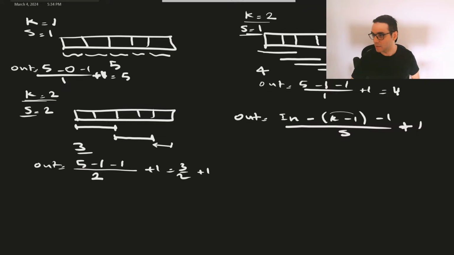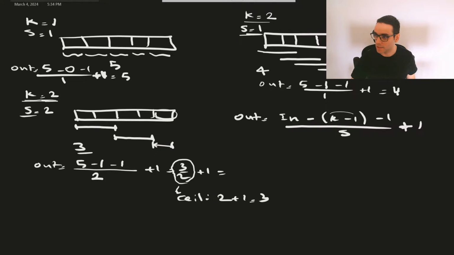Now, depending on whether you want to keep the last segment, if it's not divisible by your kernel size, if it's smaller than your kernel size, you might want to treat this differently. If I want to keep the last one, even if it's smaller, I would take the ceiling of this fraction. So 3 over 2, the ceiling is 2, plus 1, 3.